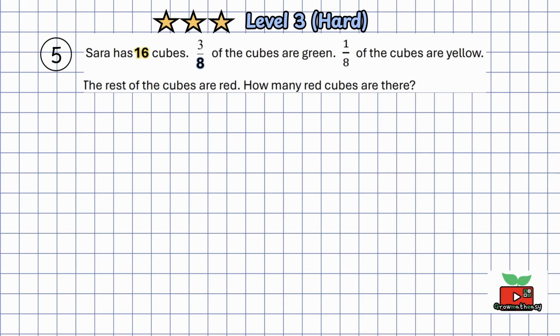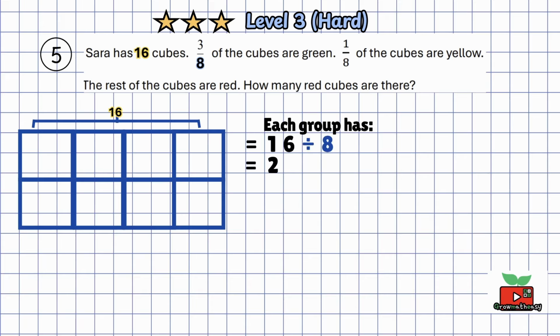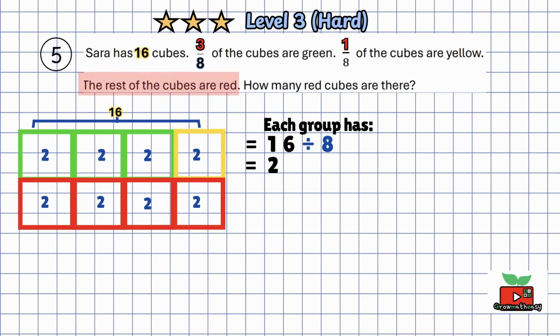That means 16 is divided into 8 equal groups. Each group has 16 divided by 8. That's 2. Next, the numerator is 3. That means 3 groups out of 8 are green, and 1 group is yellow. So the remaining 4 groups must be red.